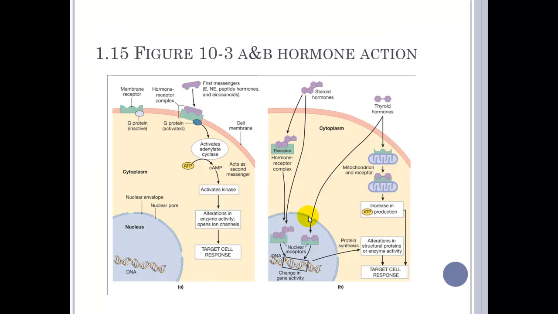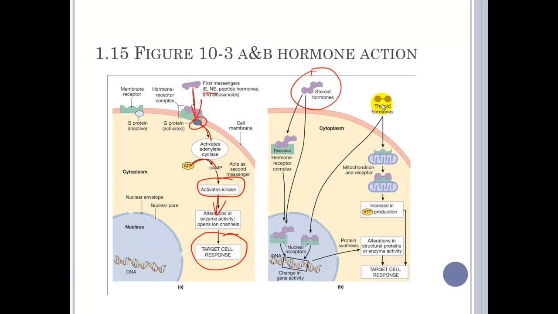So these are both the hormone examples, figure 10.3, A and B, hormone action in your book. This is the epinephrine and norepinephrine example. G protein activated. This is not fat soluble. Activates adenyl cyclase, ATP to cyclic AMP, kinase activated, alters the activity, opens the ion channels, or gets us our target response.